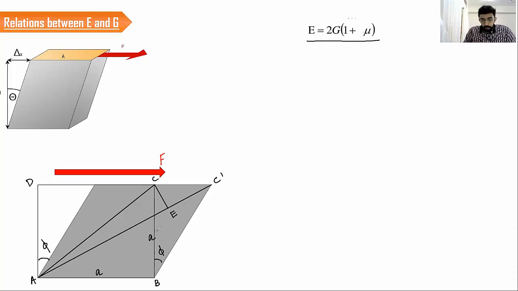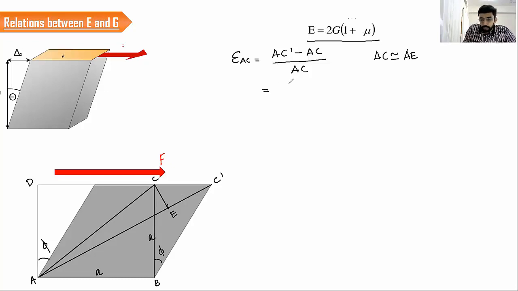Now first let us discuss what exactly happens to this diagonal. If you take the strain of this diagonal AC, it is nothing but AC dash minus AC divided by AC. Since we have drawn a perpendicular here, we can say that AC is approximately equal to AE.